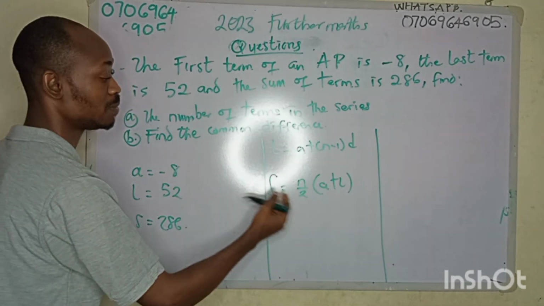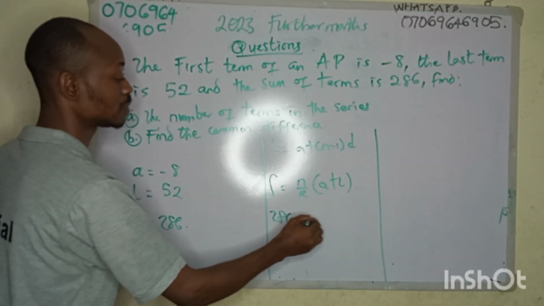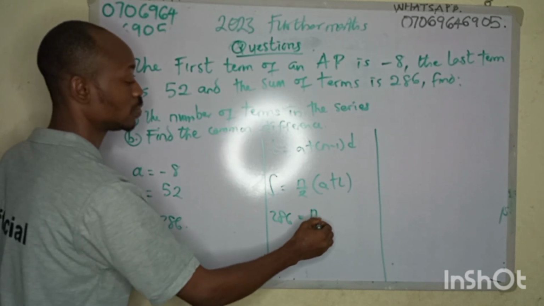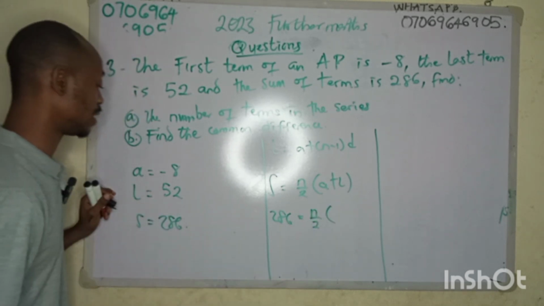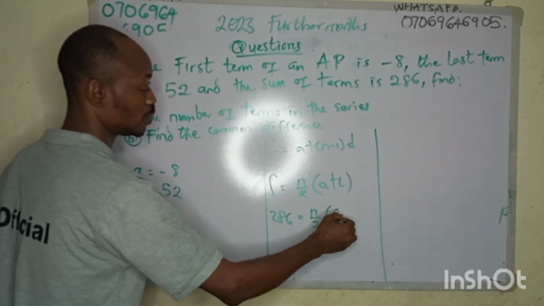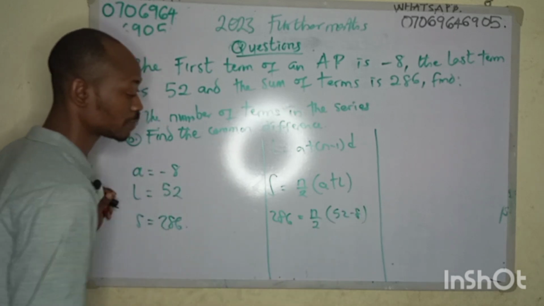So the sum of the terms is 286, and that gives us n over 2, and then the first term is -8, last term is 52, so we have 52 minus 8.